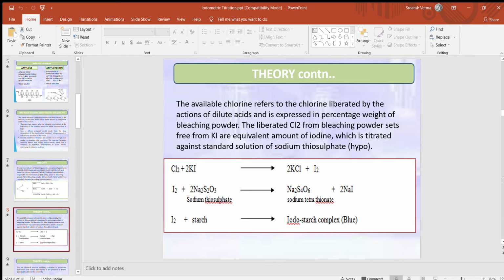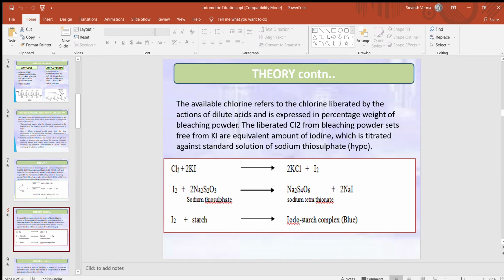The aqueous iodine solutions normally contain potassium iodide; the iodine and iodide together form triiodide, and it is kept in equilibrium.